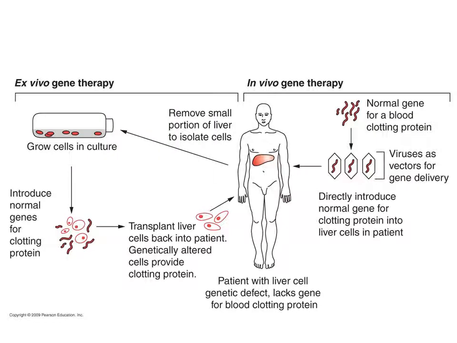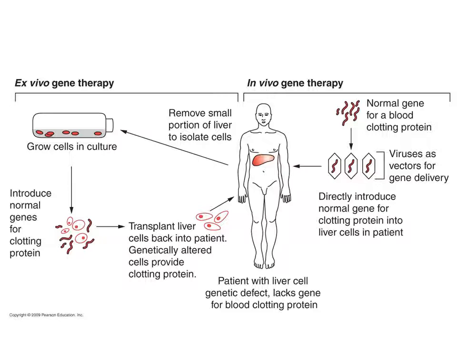So here we have the patient. One option is to do the ex vivo approach, in which you would remove the cells from the patient. You'd grow them in tissue culture. You would then introduce the wild type form of the gene and culture that for a while, and then you would introduce those cells back into the patient.